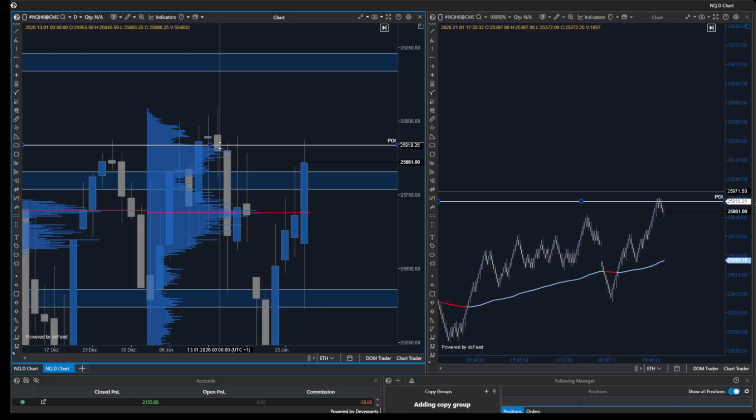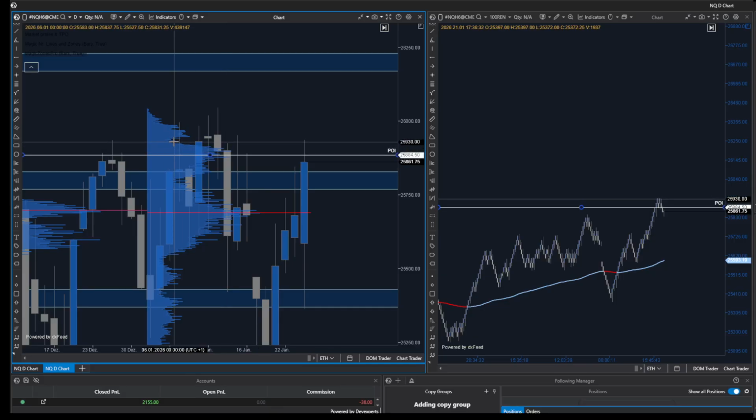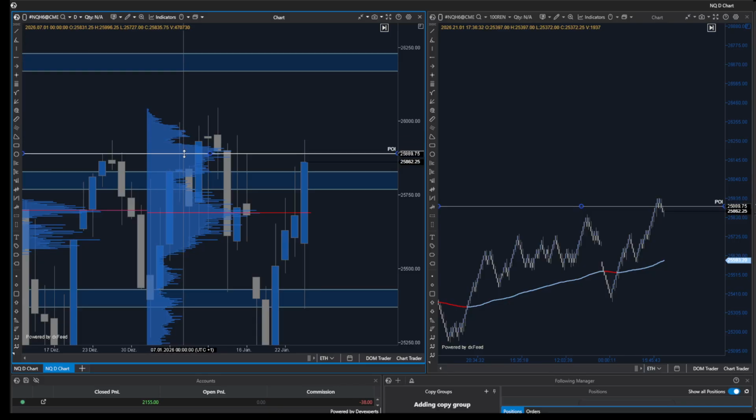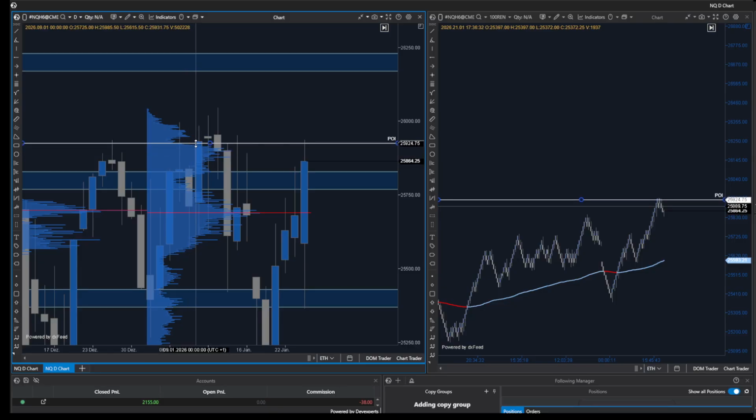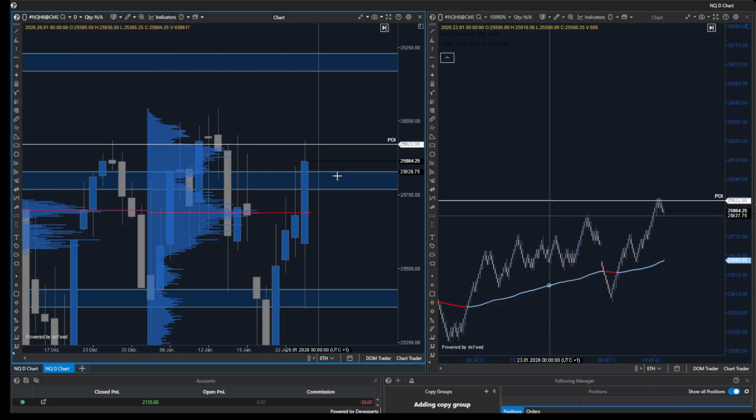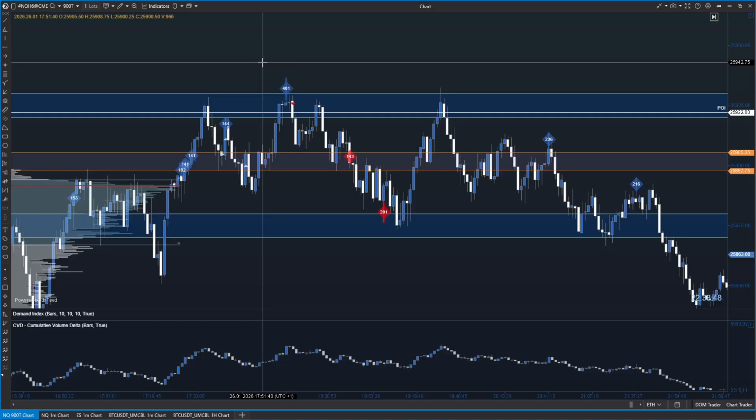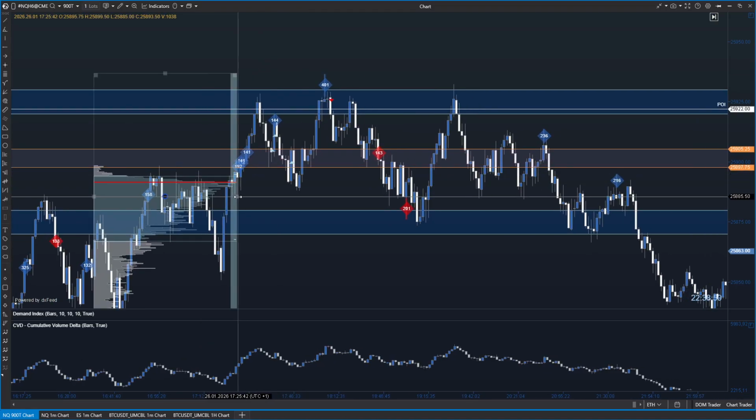I want to see where the market can potentially reverse, and at this time here we had a high volume edge, and above that there's low volume until the 25,950 around that area. So I basically marked this high volume edge, and then let me come back to the trade so you understand more how I read the order flow as well.